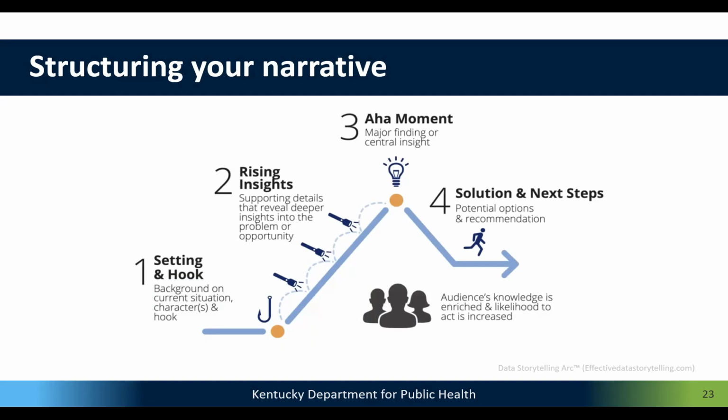Then comes the turning point in your narrative, the aha moment, when you connect the dots and reveal the root cause or significance of the problem. It's where you make your audience understand why they should care. For example, we have discovered by conducting a root cause analysis for each CLABSI event that a significant portion of these infections can be attributed to lapses in proper central line maintenance, most notably CHG bathing.